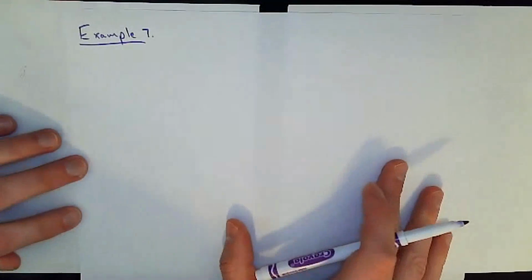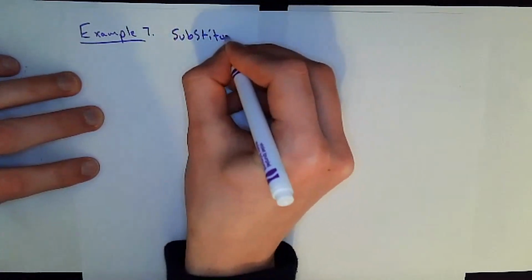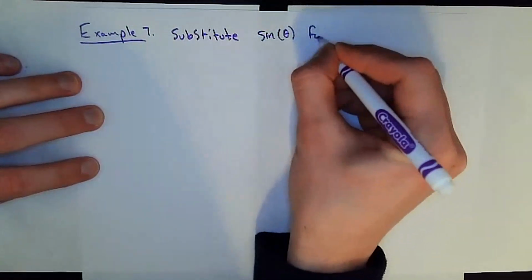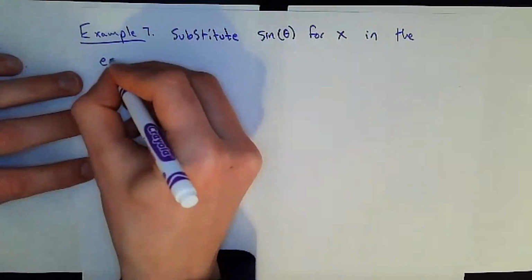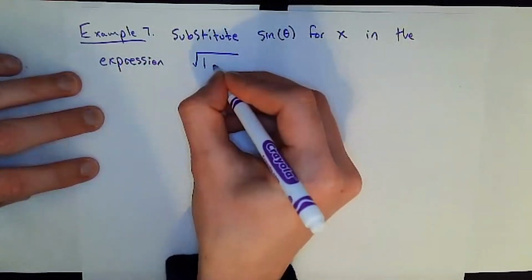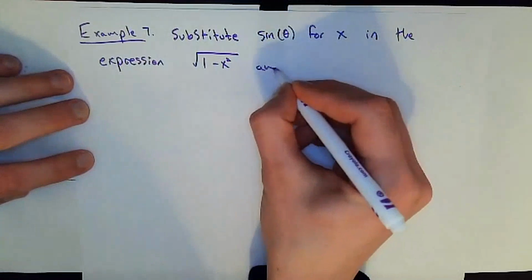Example 7 is titled trigonometric substitution. This is going to be really good for you to see now if you are going to go on to take the calculus sequence. This will come up. It says to substitute sine of theta for x in the expression square root of 1 minus x squared, and simplify, of course.